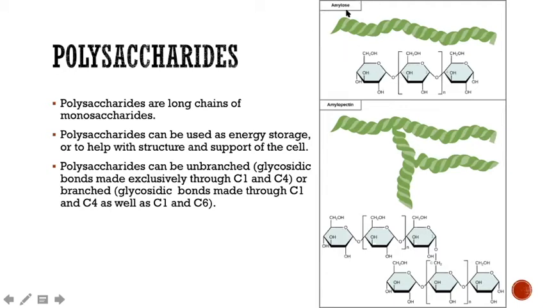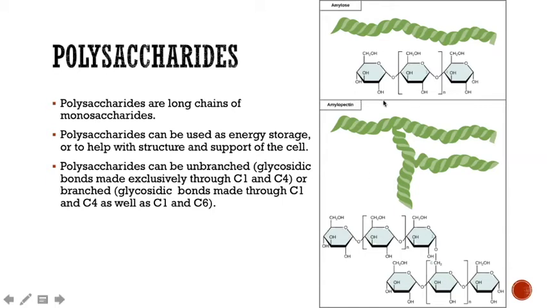That'll be something like amylose. So they're very linear and straight, or they could be branched, which means that they have these carbon 1 and carbon 4 linkages, but then they are also linked by carbon 1 and carbon 6 here, which creates branching of the macromolecule.